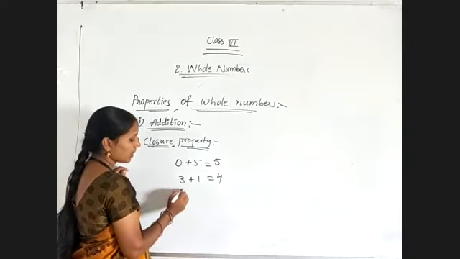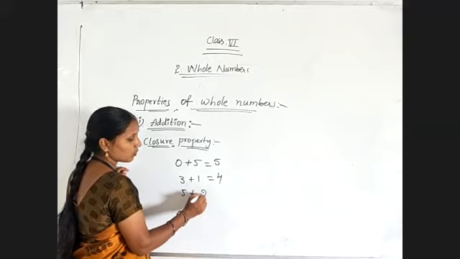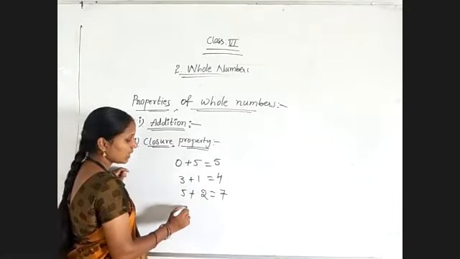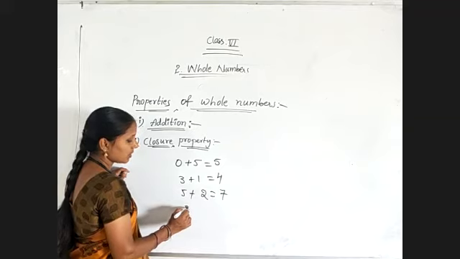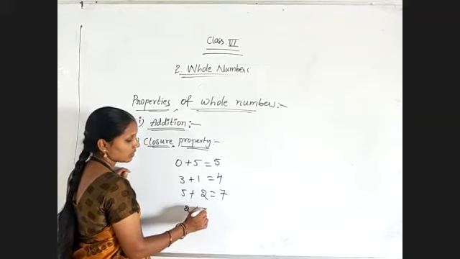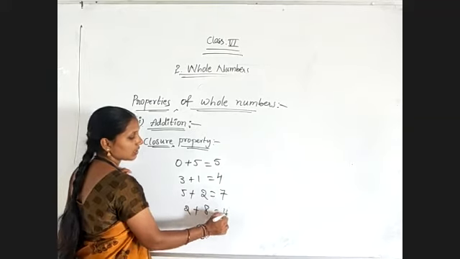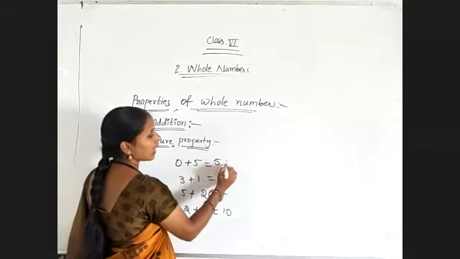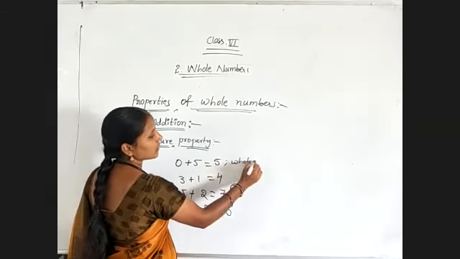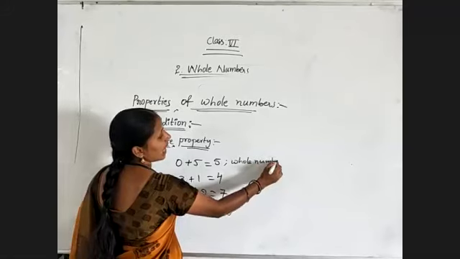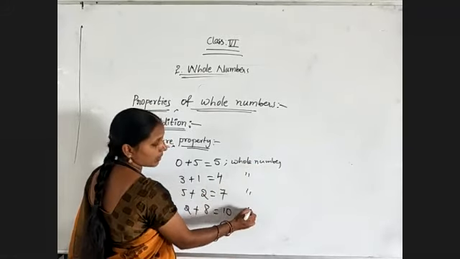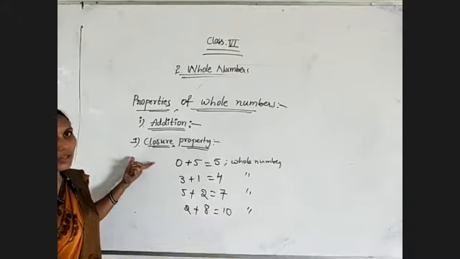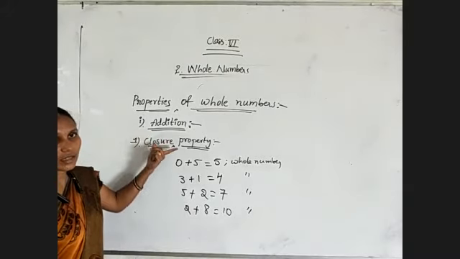And 5 plus 2 is 7. All are whole numbers. If I take the smaller number first, 2 plus 8, all are whole numbers. So whatever numbers we take, the result we always get is a whole number only. That's why closure property is suitable for whole numbers over addition. Okay.